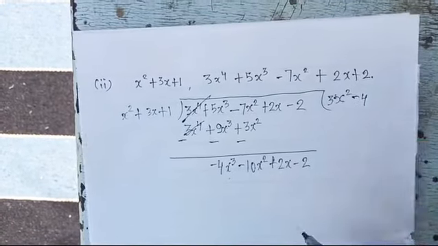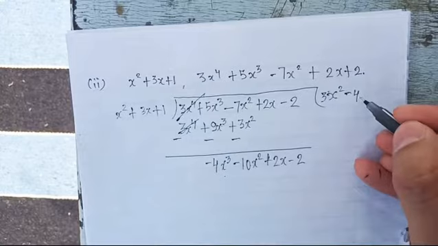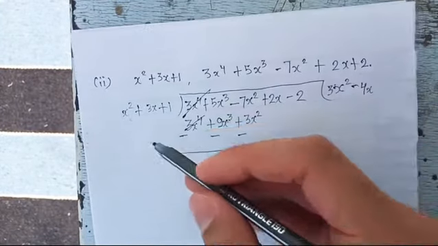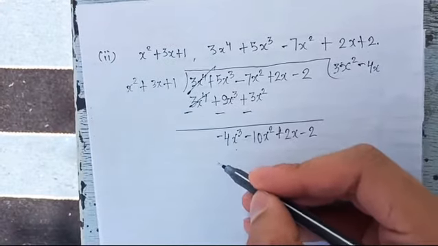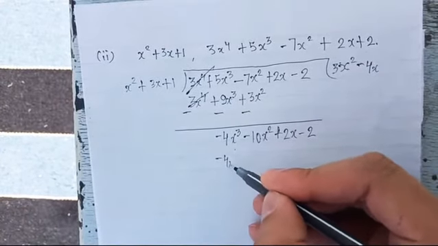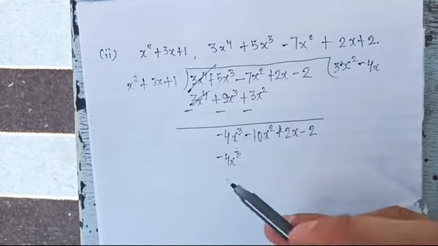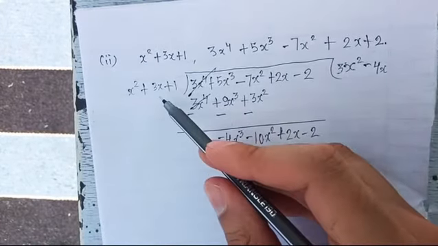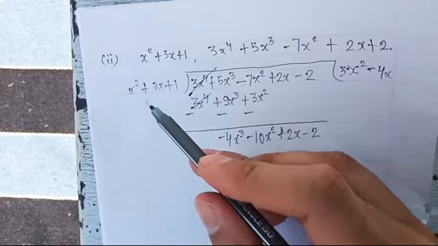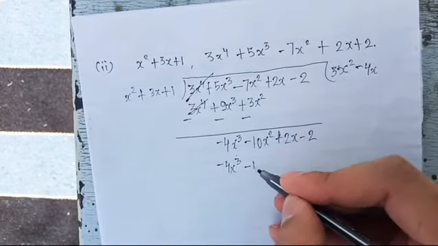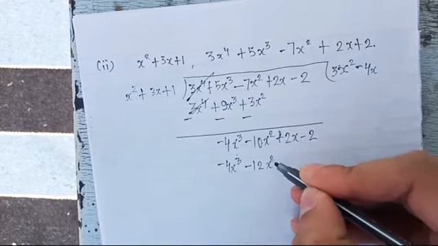So minus 4x will multiply with x square, and minus 4x into x square will become minus 4x cube. Minus 4x will multiply with 3x, and you will obtain minus 12x square.